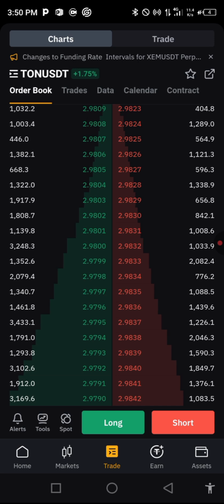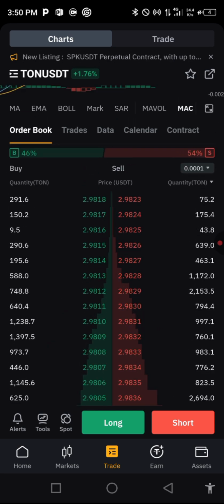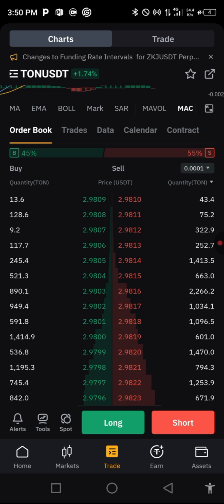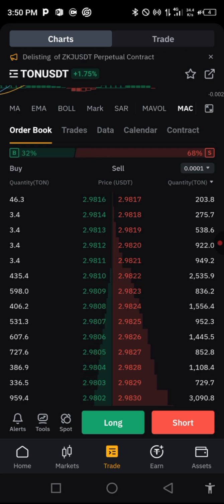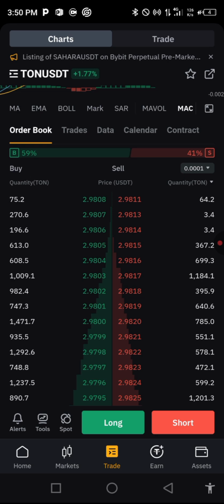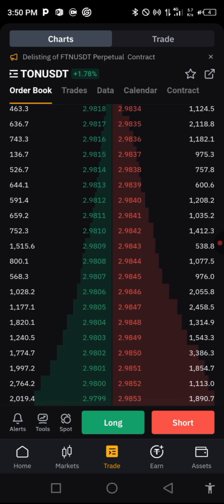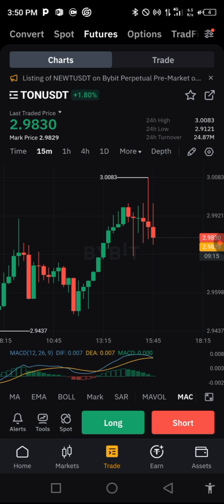So this order book tells you, okay, this amount of people are actually selling, and this amount of people are actually buying. The red one means that these are people that are selling, and the green actually tells you the people that are buying, right? So I want to be sure that's clear.